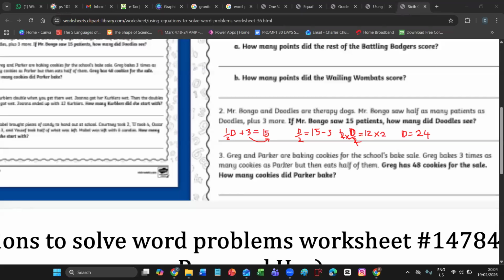Mm, you want to do 3 times half? Wait, look at it though. 3 times as many cookies as Parker. So there's a 3 times, but do you think it's on the half?